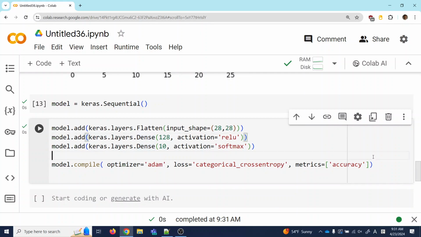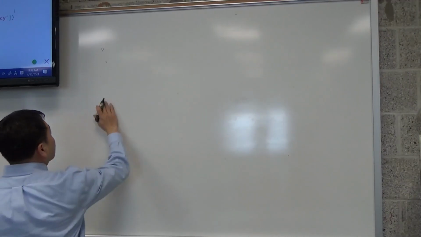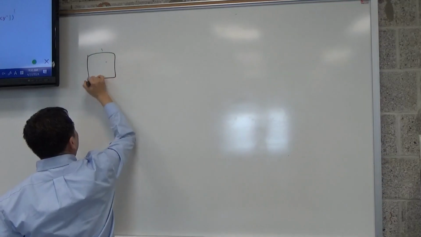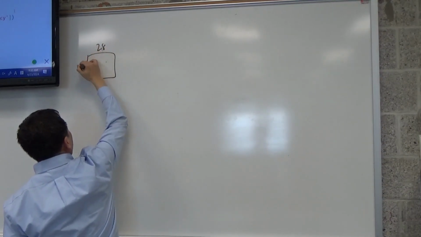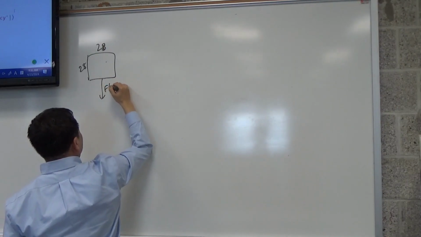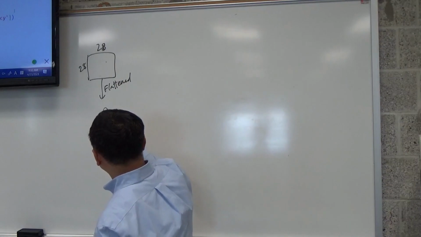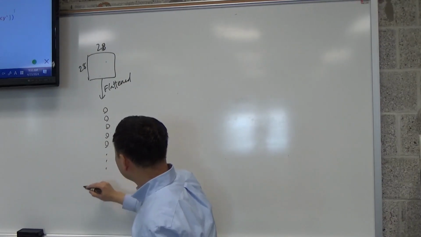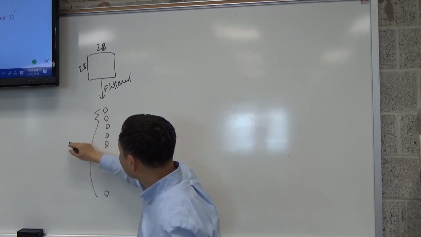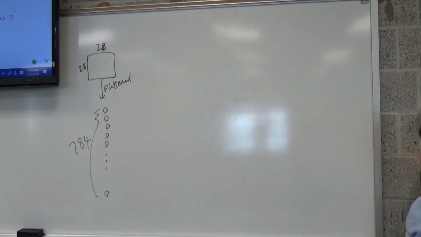All right, let me try to explain a little bit what's going on. Here's what we just built. Here's an image, 28 by 28, that gets flattened, and the total length of this will be 784, which is 28 by 28.